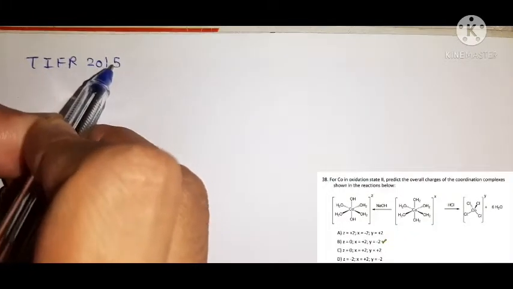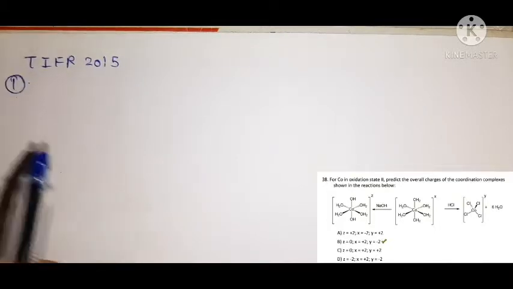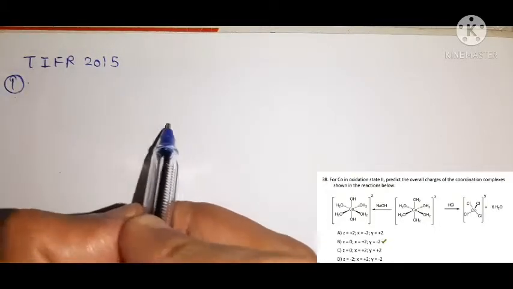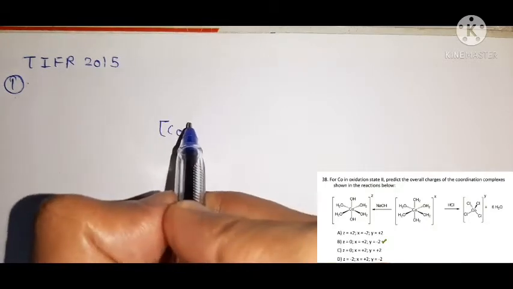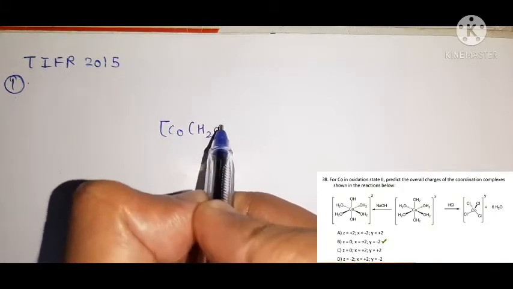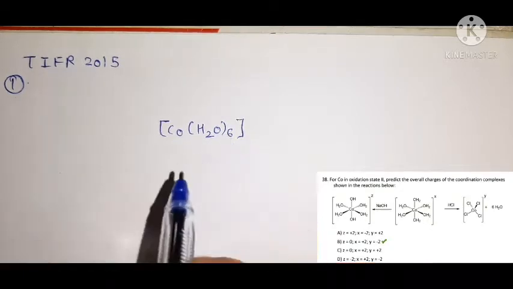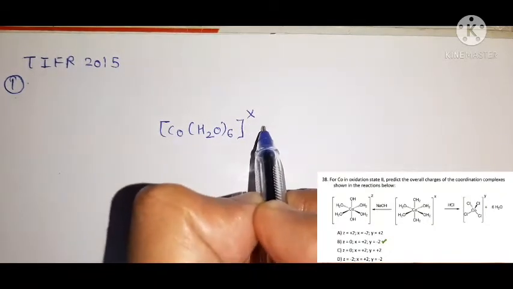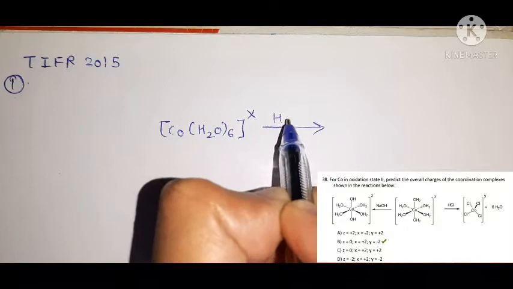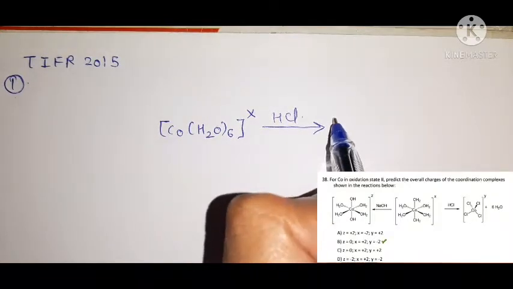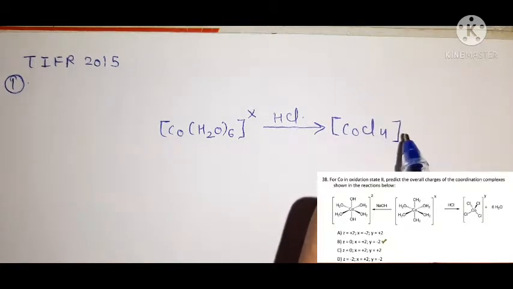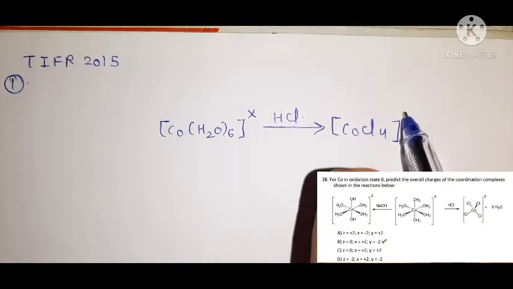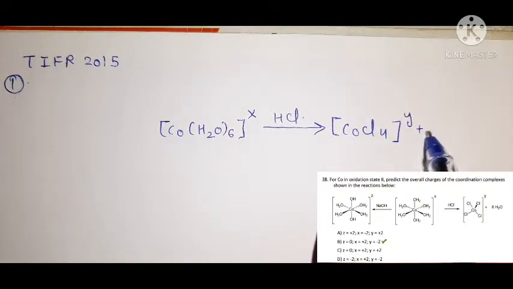Now you clearly see in this question they give you a reaction of the hexa-coordinated cobalt complex with HCl, and it gives you this another complex, that is CoCl4 with Y plus 6H2O.